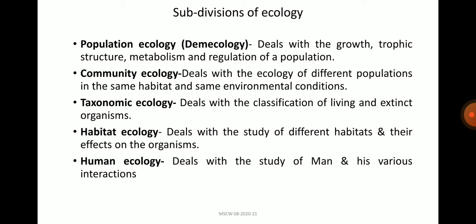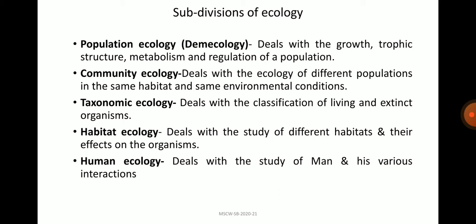Community ecology deals with the study of local distribution of animals in various habitats, the recognition and composition of community units, and succession. So you can say community ecology deals with the ecology of different populations in the same habitat and same environmental conditions.